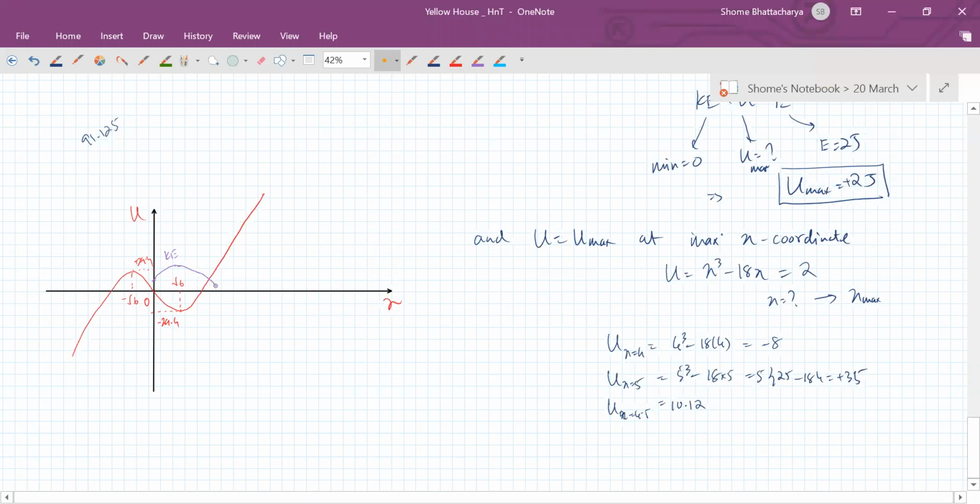At some stage the kinetic energy becomes 0, and at that point the potential energy's value must be equal to 2 joules, because the total mechanical energy was 2 joules. This is how the kinetic versus potential energy graphs look.